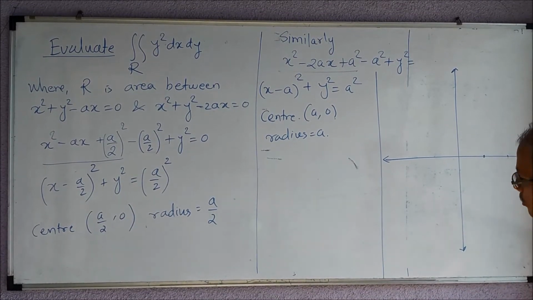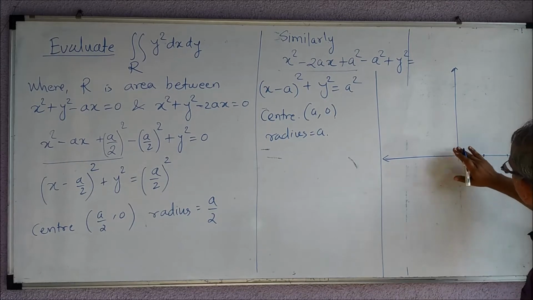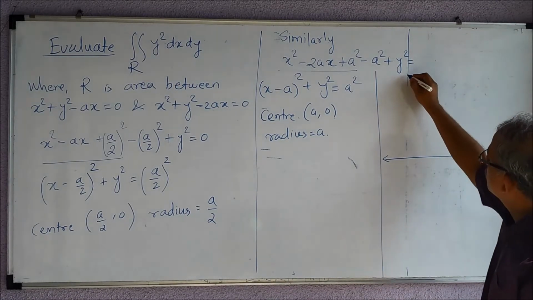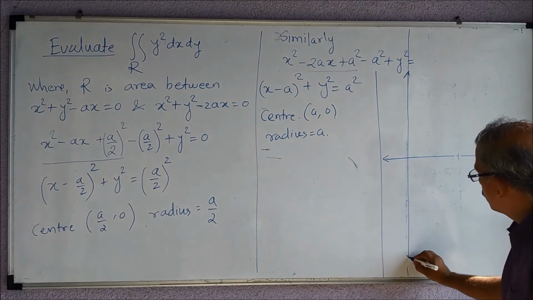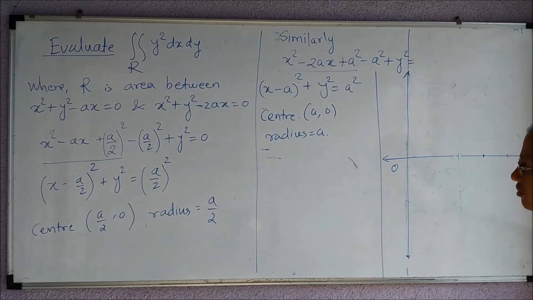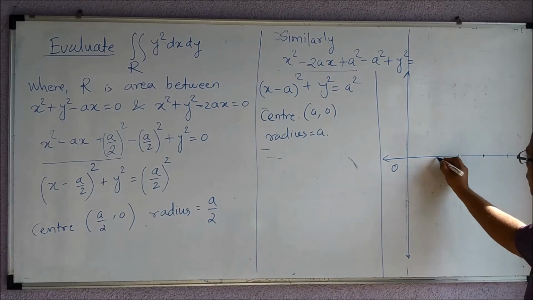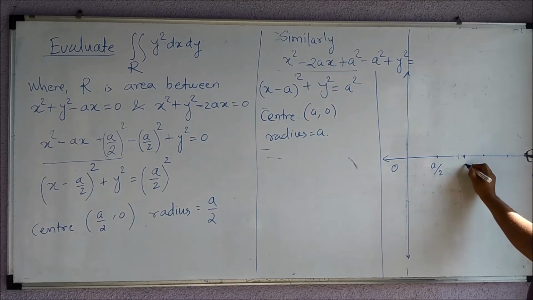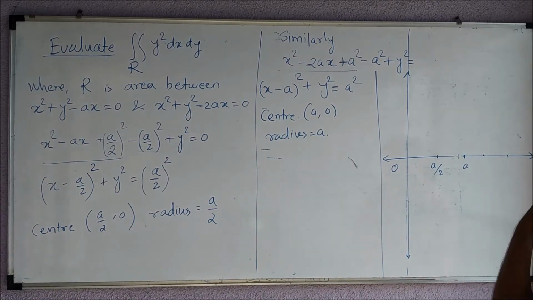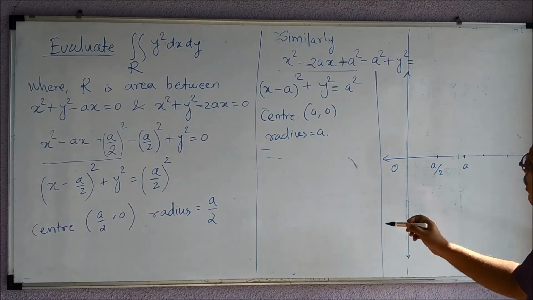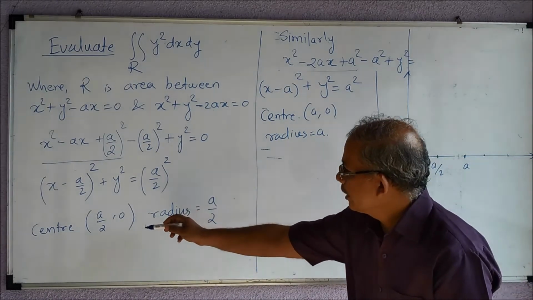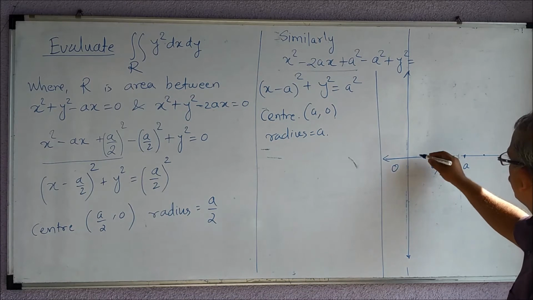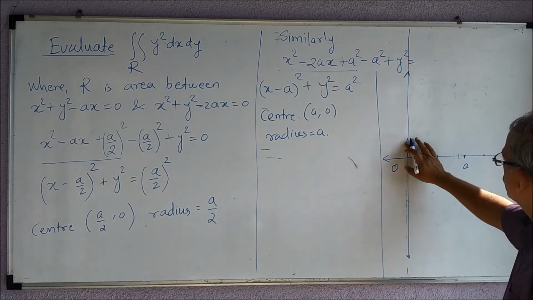Let me take the axis over here. So this is the origin. This I'll take as a by 2 and this as a, suppose. So the first circle is centered at (a by 2, 0) and of radius a by 2.